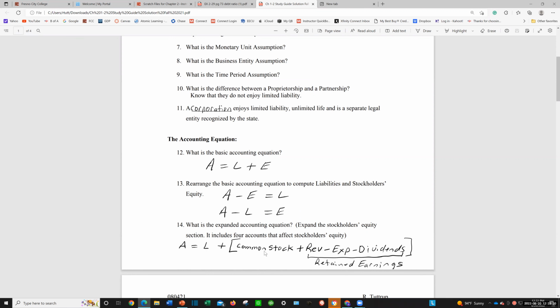The equity is expanded to mean common stock and retained earnings. And then what is in retained earnings? Revenues minus expenses minus dividends. And you can remember this by RED. R, revenues. E, expenses. D, dividends. Okay.